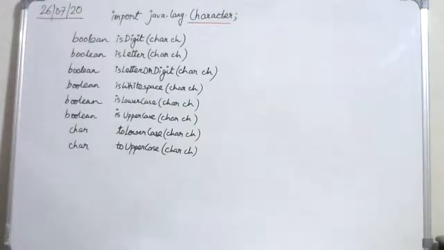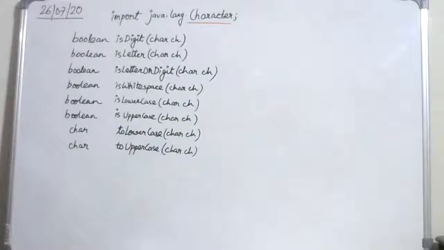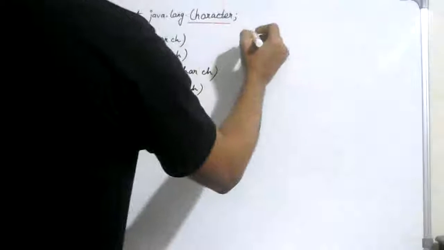Now all these functions listed here belong to the Character class that is a part of the java.lang package. Since these functions are all part of the Character class, remember when we were using these functions, we used to call them using this particular syntax.